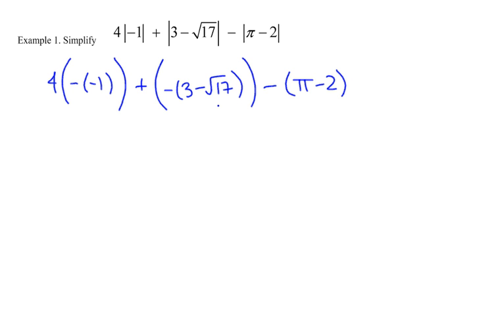Okay? All right, so -1 times +1 is +1 times 4. Okay, so this would become, bringing in this negative here, -3 plus root 17. And bringing in this negative, minus pi plus 2.